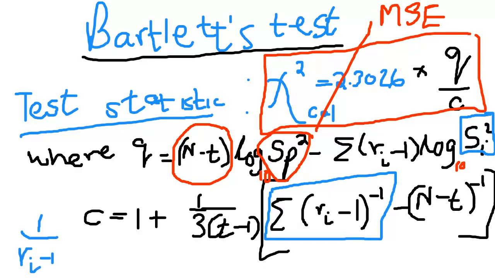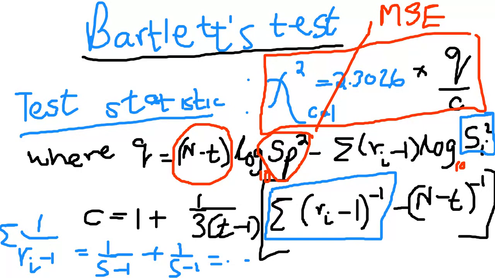If you have 4 treatments, 5 replications each, you'll say 1 over 5 minus 1, plus, since they have equal replications again, 1 over 5 minus 1, up to the last one. From there you add the values, you get the first part.